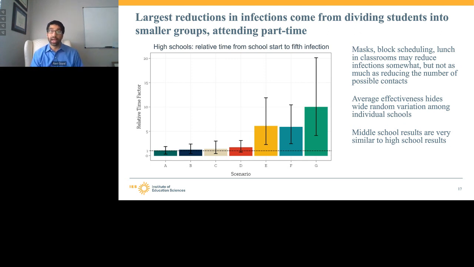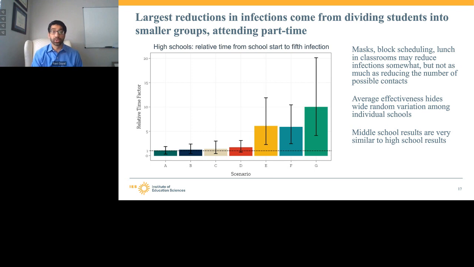Now I'm going to talk about the bars around each one of the colored bars, around the averages. The bars around the average show the range of expected outcomes, the 5th percentile to the 95th percentile for each scenario. The average effectiveness hides the wide random variation among individual schools, as we touched upon in the previous slide.